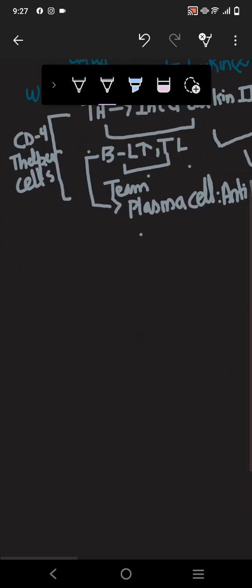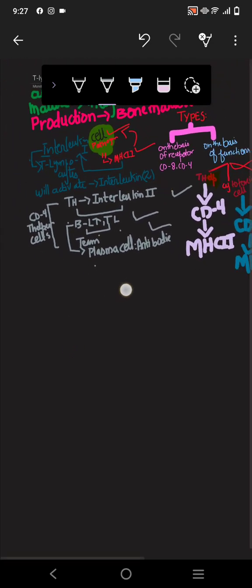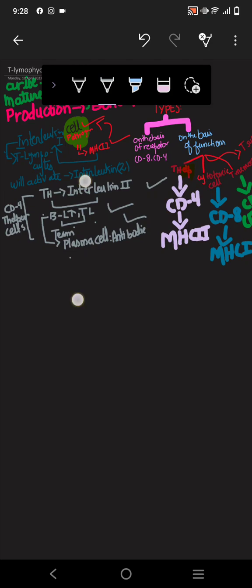Now we are talking about the CD8 receptor that is attached with the cytotoxic cell.